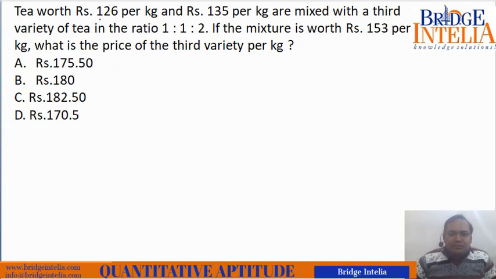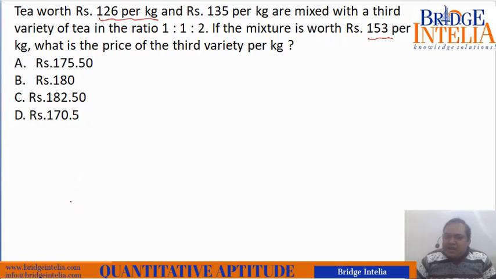Tea worth rupees 126 per kg. When you say price, it means average price. So tea worth rupees 126 per kg and rupees 135 per kg are mixed with a third variety of tea in the ratio 1:1:2. If the mixture is worth rupees 153 per kg, what is the price of the third variety?